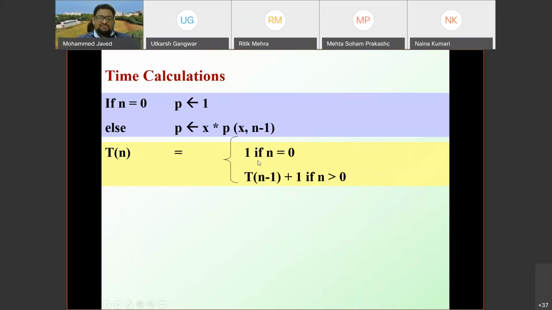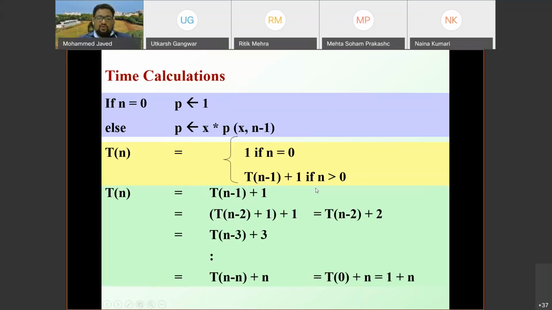So t of n is equal to 1 if n equal to 0, or else you decrease the problem here into t of n minus 1. So t of n is equal to the time taken to compute t of n minus 1, plus one operation for the multiplication. So t of n is t of n minus 1 plus 1.